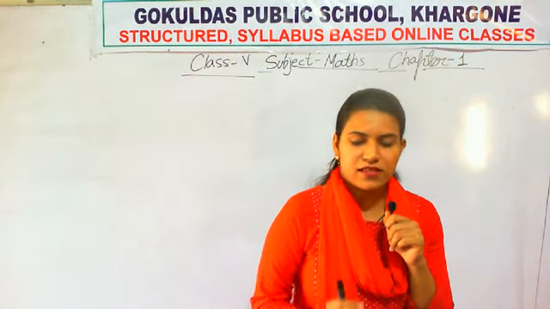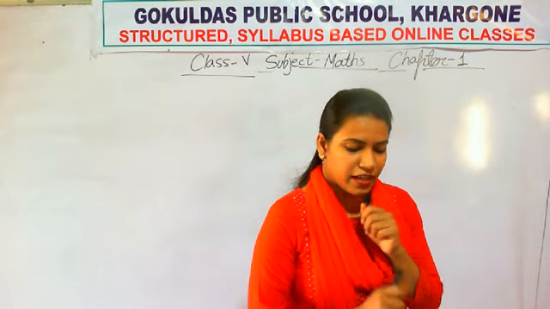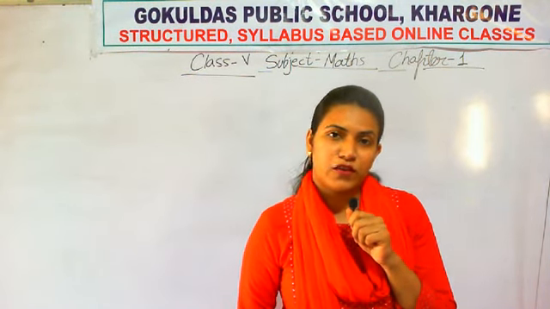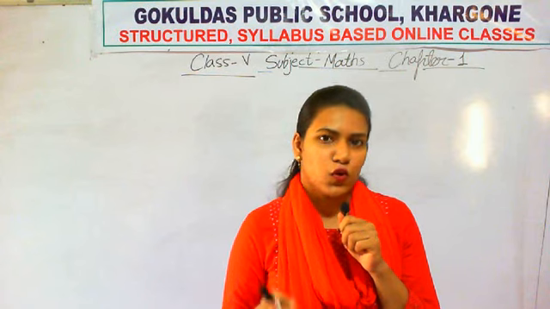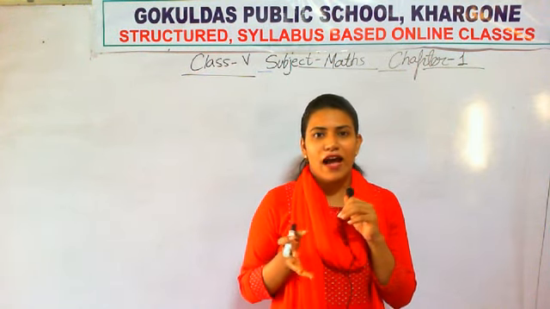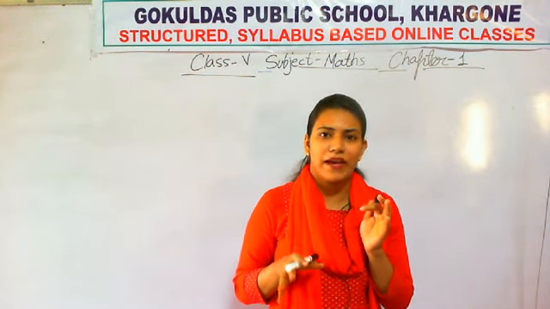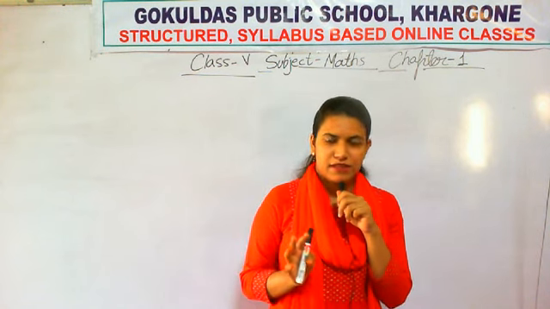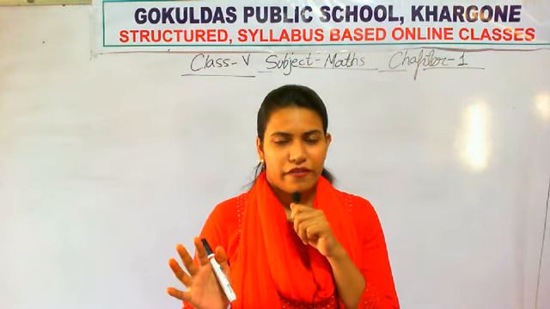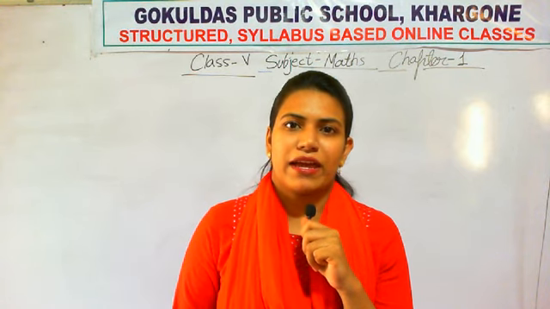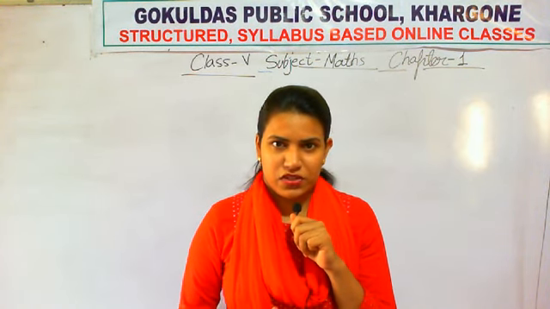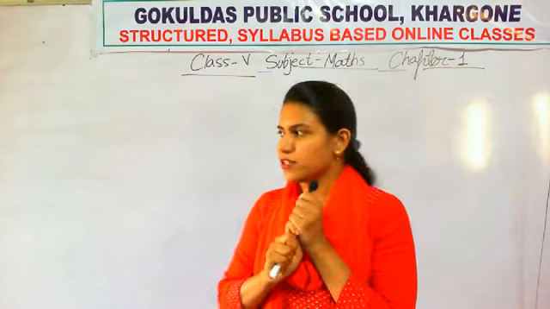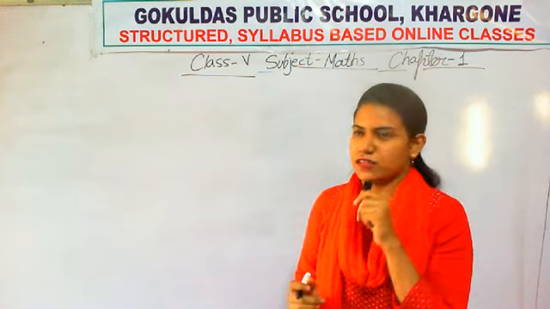As you can see, in exercise 1.3 the first question is to compare the following numbers. In this exercise you have to do comparison between two large numbers. You have done comparison in previous classes also, right? But here you have to compare two large numbers. So let's recall our previous concepts.